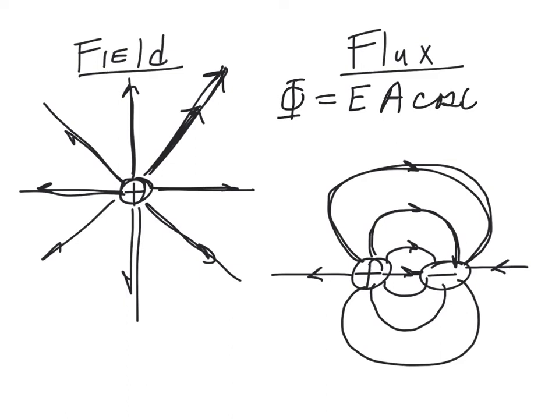So the cosine of the angle between those vectors, that's why we can write it, if you know the dot product, E dot A. But if we want to generalize it for any situation where the direction of E or A or the angle between the E and the A vary, then we do it as an integral.